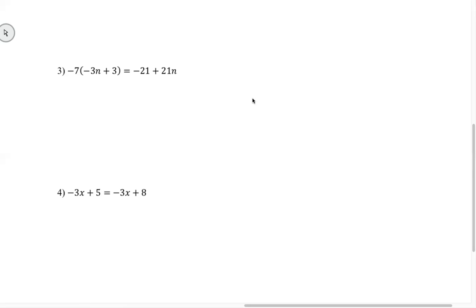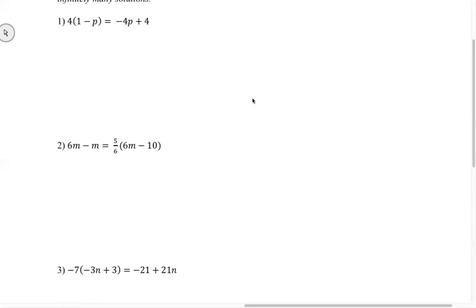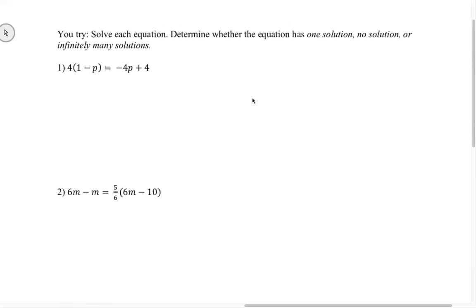All right. So I know some of you aren't done, but I want to get through it. There's only a couple problems and we have a short class. So first step I want to do here is I want to distribute. So 4 times 1 is 4. 4 times negative p is negative 4p. And that equals negative 4p plus 4.